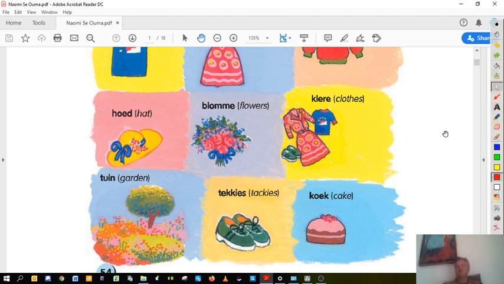So for instance, you would ask the word, let's say, takkies, what is Afrikaans for takkies? And you would allow them to go look for the word and then copy it correctly and write it down. And you can do that with all the words. When they've done that successfully, or if they've made mistakes, get them to write it out again 5 times, the word on which they made a mistake, and then do the test again.